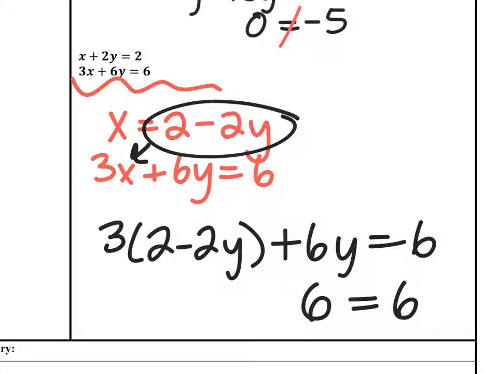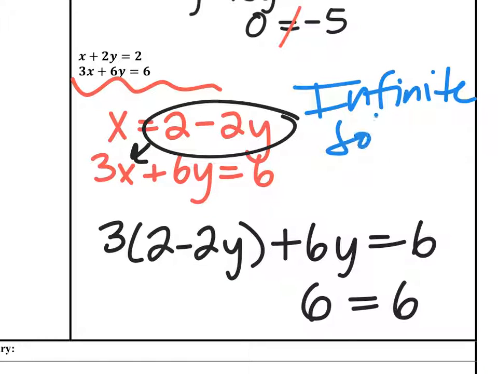So if you simplify that, you get 6 is equal to 6. So, Pierre, what should I say? Infinite solutions. So, Southwick, what kind of lines are these? These are the same equations. Yeah, the exact same. We call them overlapping, right? So you're going to say infinite solutions. Yes, Pierre?